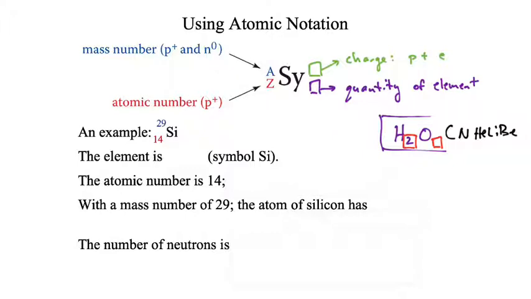Kind of make sense? If I want to specify the number of molecules that are present, that becomes trickier. Where would I place information about how many water molecules there are? To the left of the H. And I'm not going to use a subscript, because if I did, what would that look like? That would be atomic number.